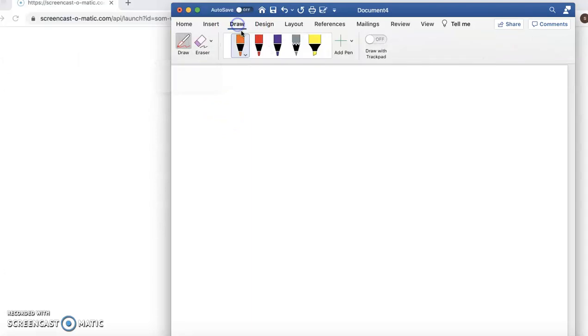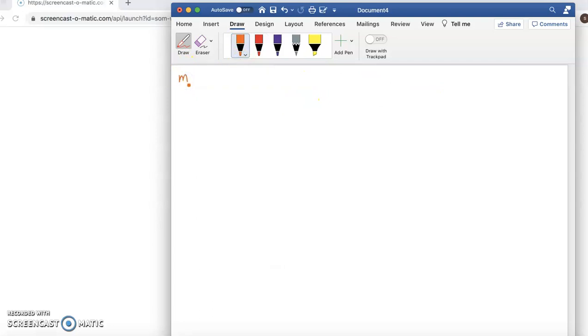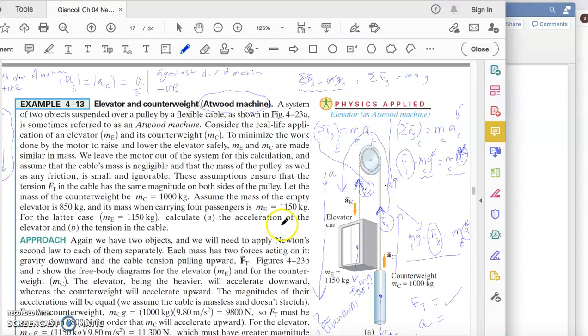The mass of the elevator is given. The mass of the counterweight is given. What else is given? I think that's about it. And he's asking about the acceleration of the object. And I think he's also asking about the tension force as well. Let me just double check what is required.